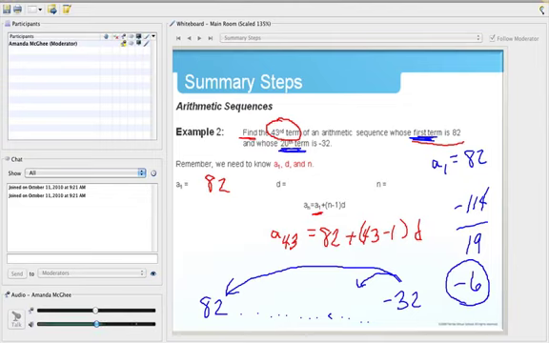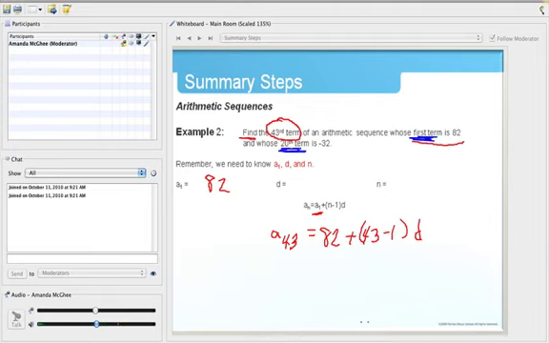So let's get rid of the mumbo jumbo here on the screen and then plug in negative 6 for D. Are you working it out ahead of me? Feel free. All right, so the 43rd term is equal to 82 plus 42 times negative 6.